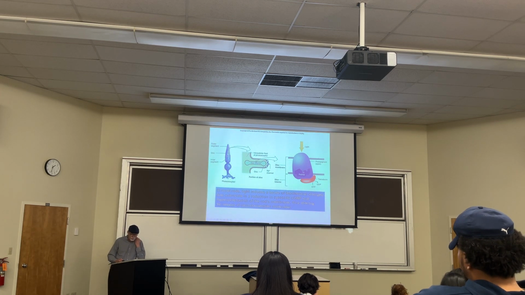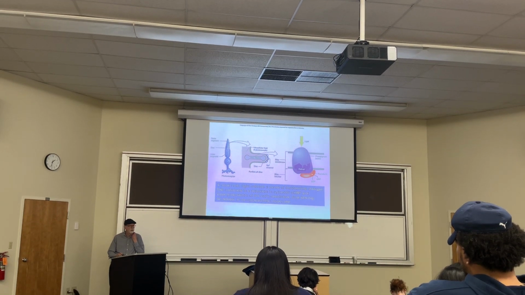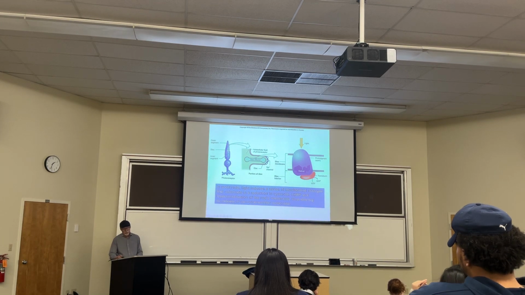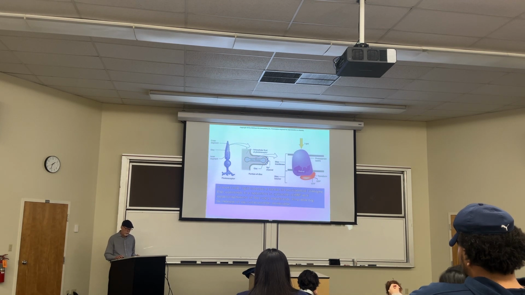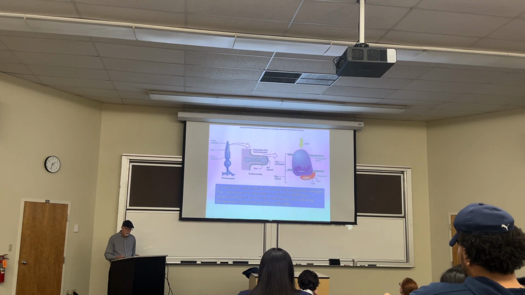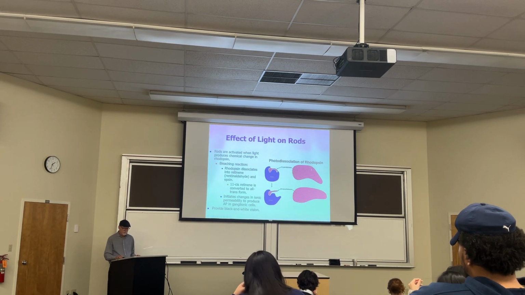Attached to this opsin retinal complex is a G protein called transducin. And transducin can be activated by light and convert guanosine triphosphate to guanosine diphosphate and activate a metabolic pathway that we'll be looking at very shortly. When we look at the conformational change of retinene, here's our opsin, here's 11-cis retinene, which is kind of a bent shape, and here's the all-trans retinene.